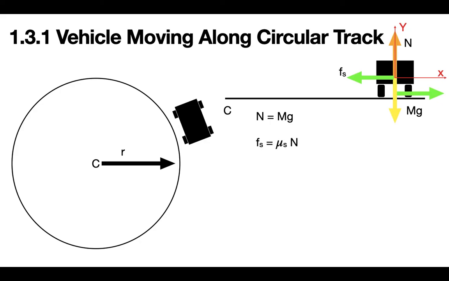That frictional force you can define as the coefficient of friction, mu s, into normal reaction. So these are the three forces acting on the vehicle. If you substitute the value of N as mg, you get friction force equal to mu s mg.